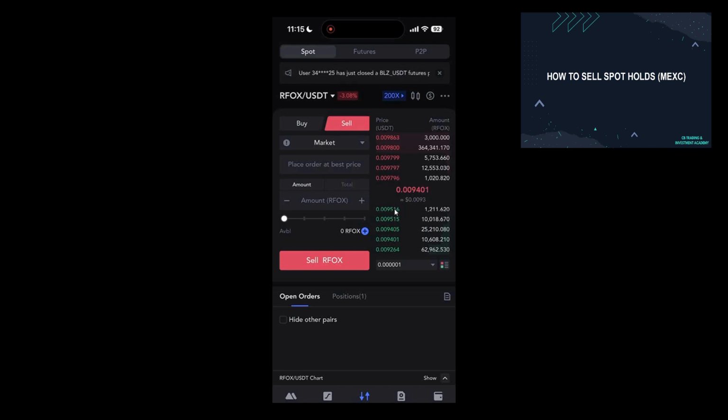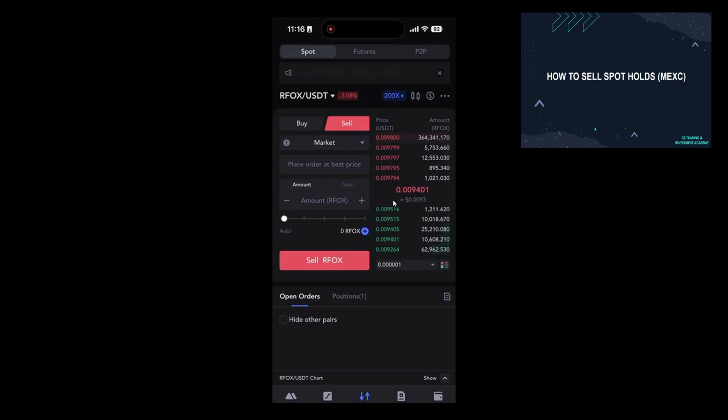If you are market selling, you're selling for the best price available, which is the first buy order. And if you're buying at market, you are buying for the first sell order available. As you can see, there's a bit of a difference between those two prices. So always check, if you want to sell at market, whether there is a lot of spread or not.